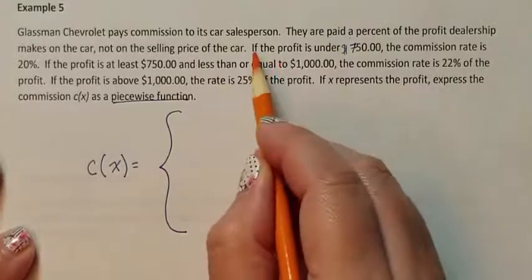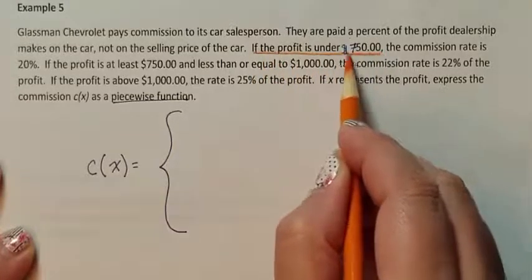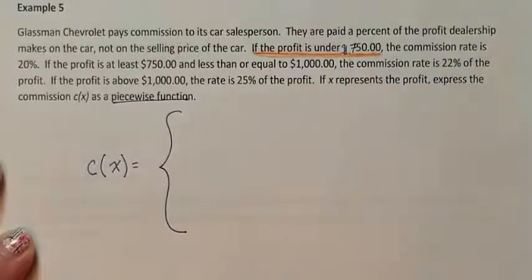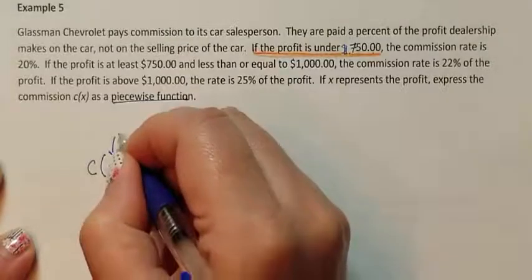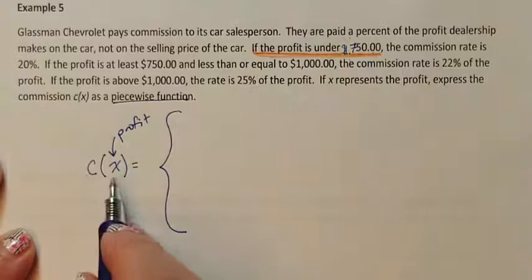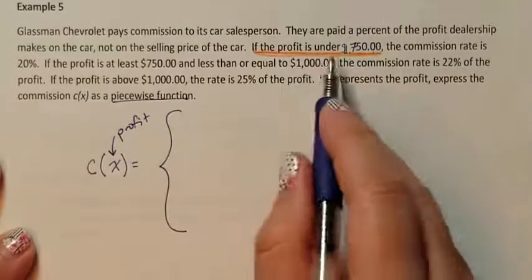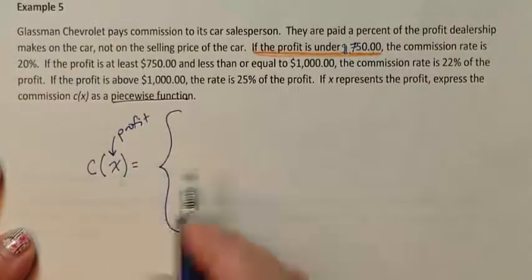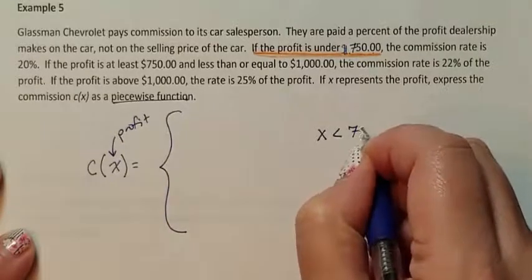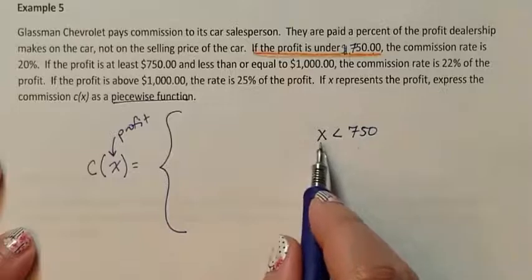So the first one, if the profit is less than $750. So when my X is the profit, because we're trying to figure out the commission based on the profit. So if my profit was less than $750, so if the X is less than $750, you cannot leave it like this.